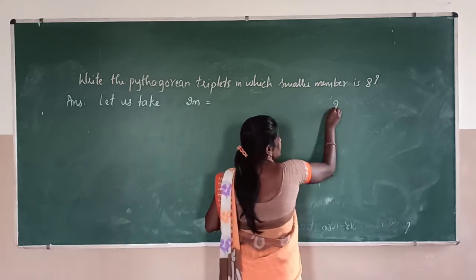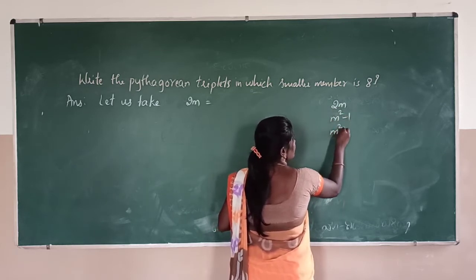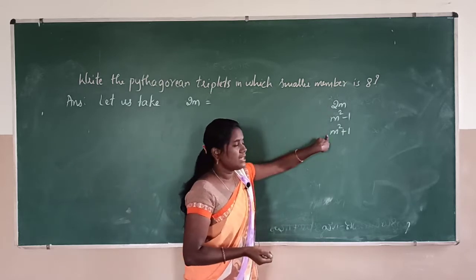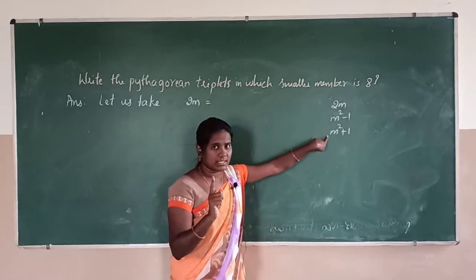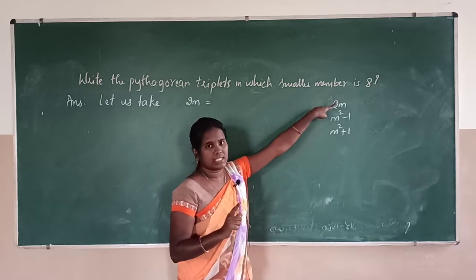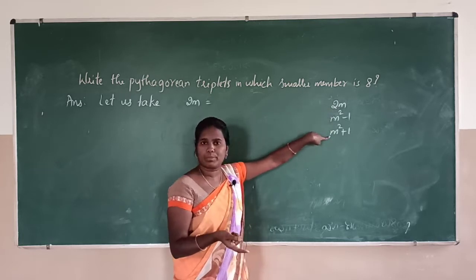Here, three members are there: 2m, m square minus 1 and m square plus 1. These three are the Pythagorean triplets, right? In these three, the smaller one is 8. It may be 2m, it may be m square minus 1 or it may be m square plus 1.